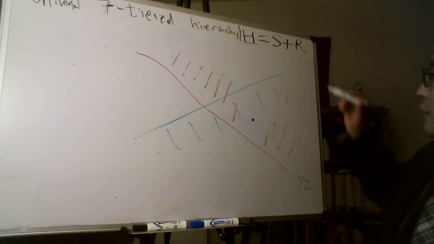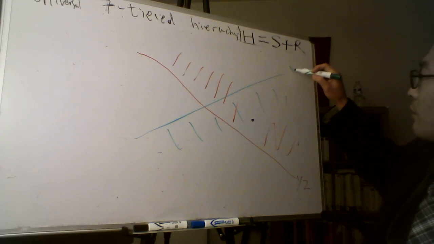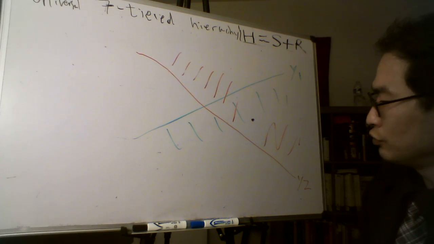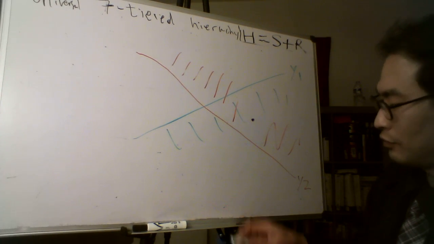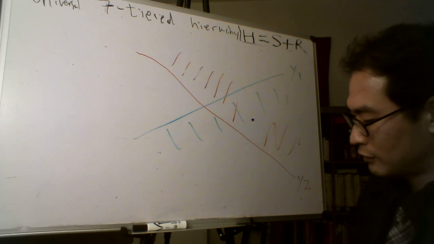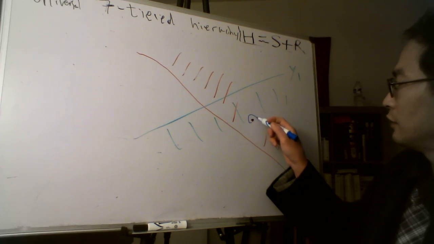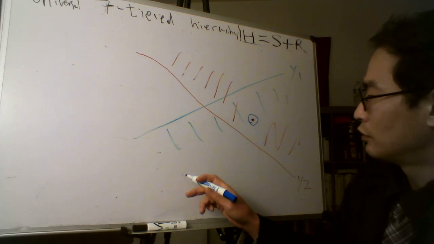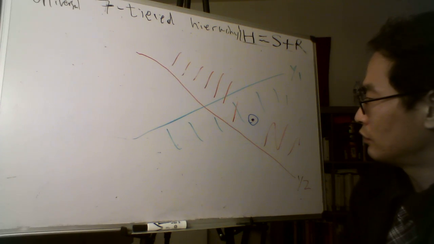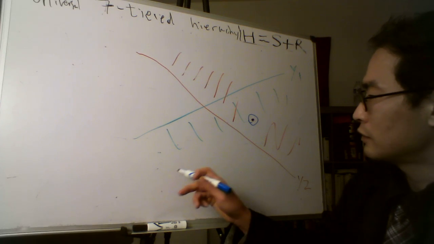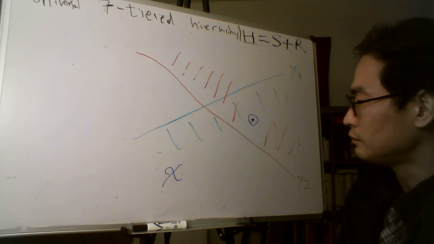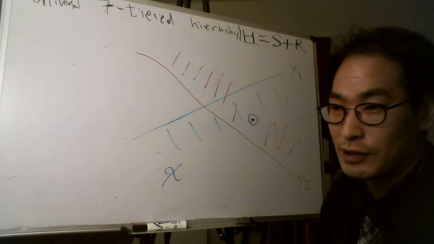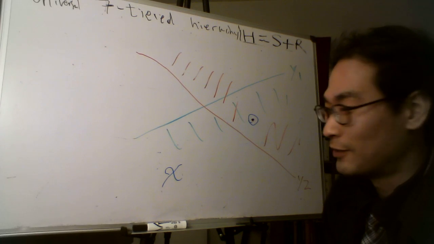Okay, so this is Y1. Let's say you're a blue dot, you're the person, X. I'm X, Generation X. I was born in the late 1970s.